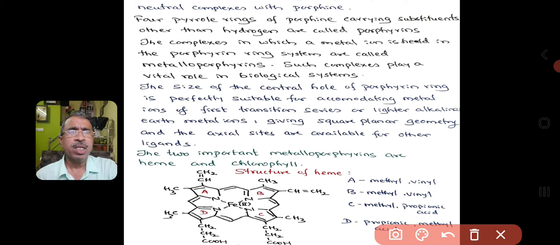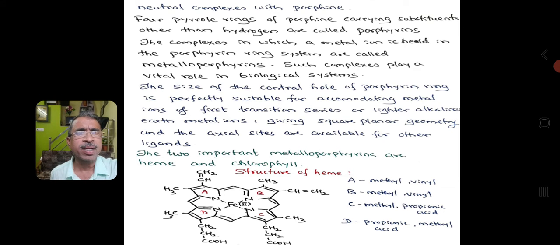In this porphyrin ring, the iron is the central metal ion, and it forms a square planar complex.